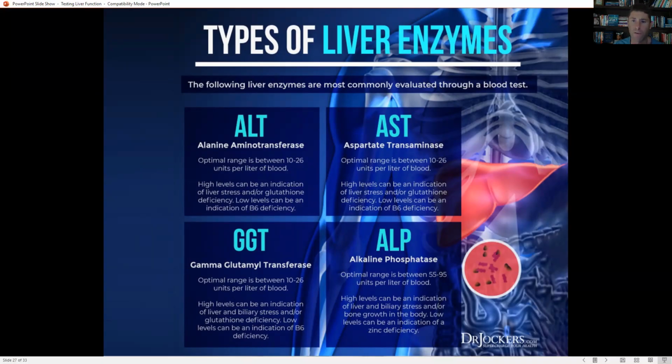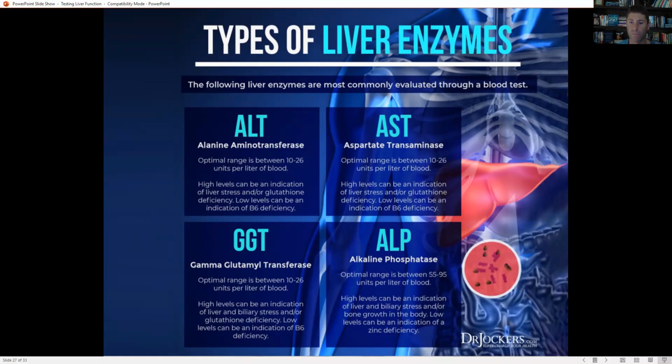So that's a sign that there's more of an issue coming from one of those regions. And if we see ALT higher than the other ones, then we're thinking liver. So ALT is specific to the liver. AST could be an issue in the heart, the muscle, or kidneys. GGT, we're thinking biliary tree, so the bile ducts themselves.